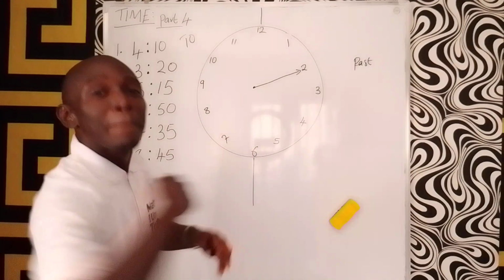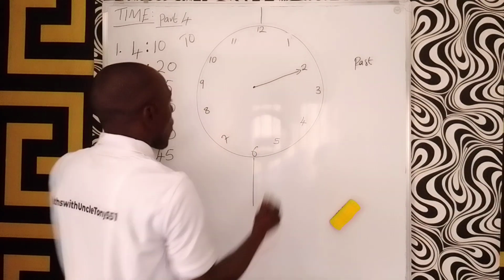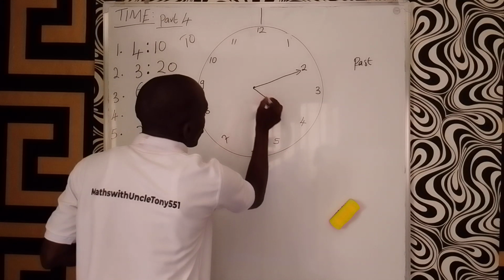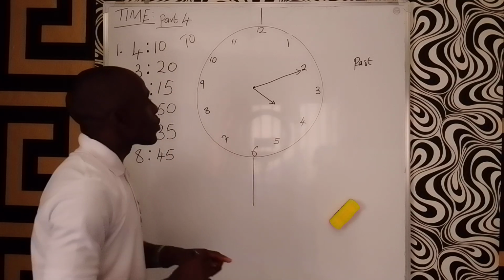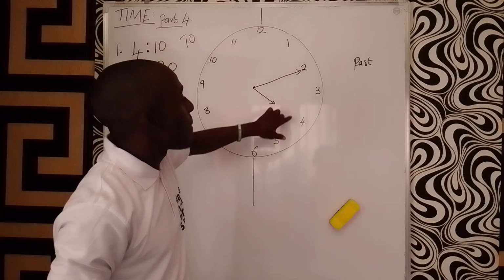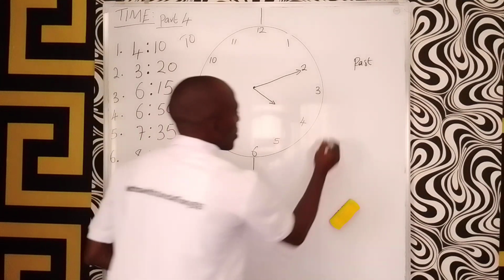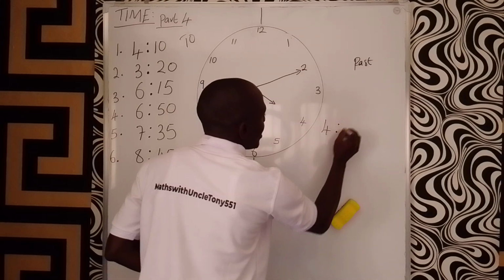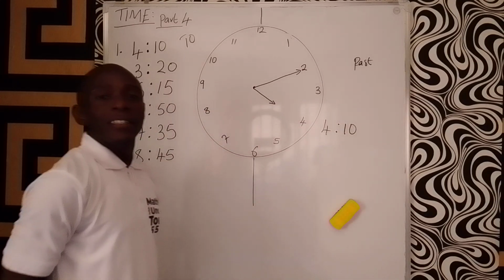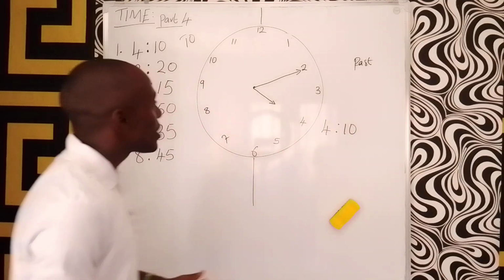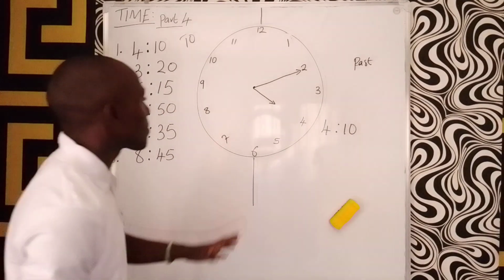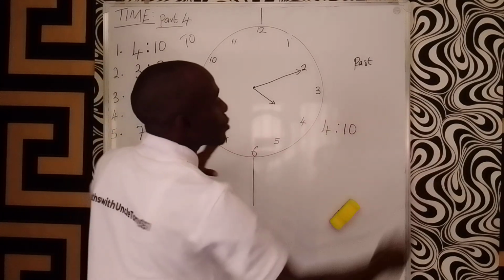That's what makes it past 4. So the short hand, or the hour hand, is pointing at 4. So this is 10 minutes past 4. That is 4:10 digitally. So this is another way of telling time. So remember, this side is called past.